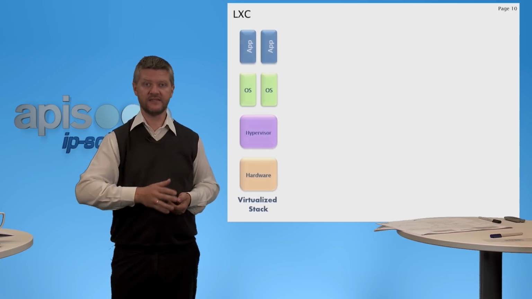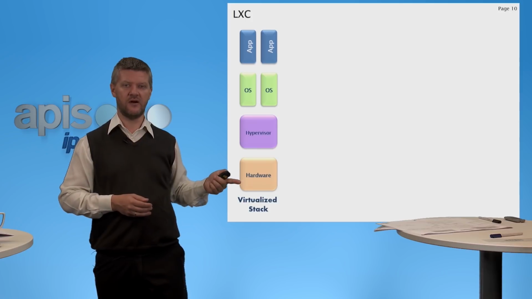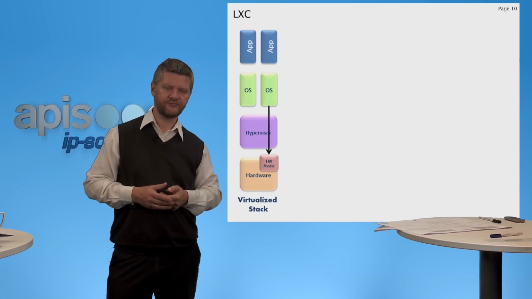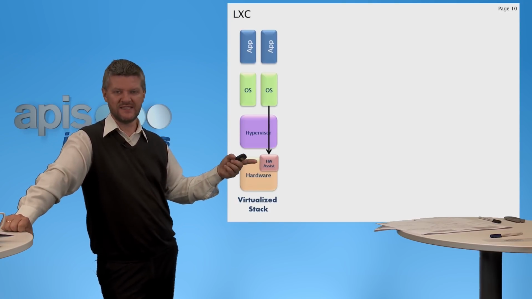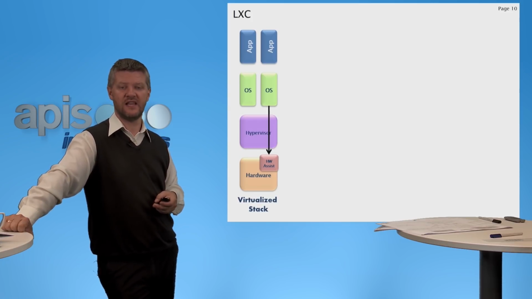If we compare Linux container to virtualization with Hypervisor, here we have hardware, Hypervisor, operating system, and applications. There is something called hardware assist that I won't go deep into now. I'm just mentioning it since it's part of the slide here.